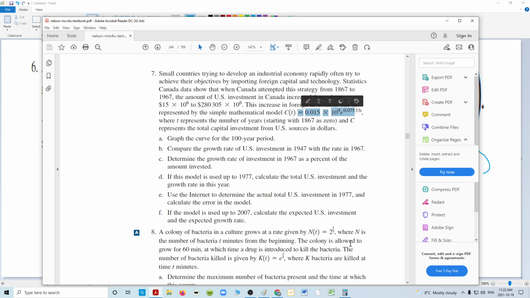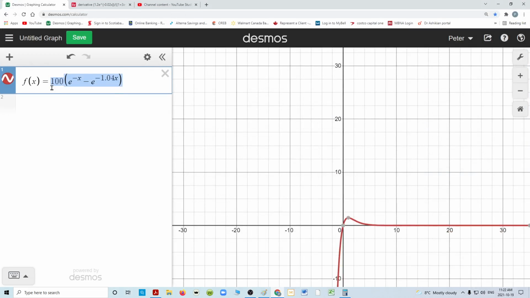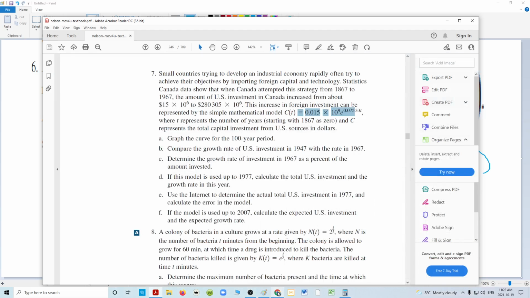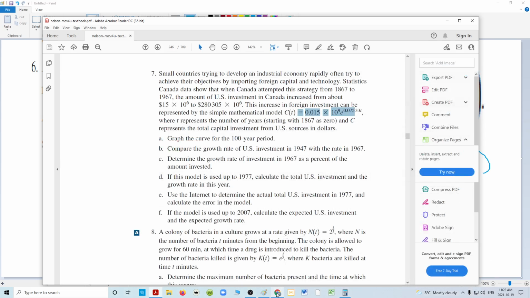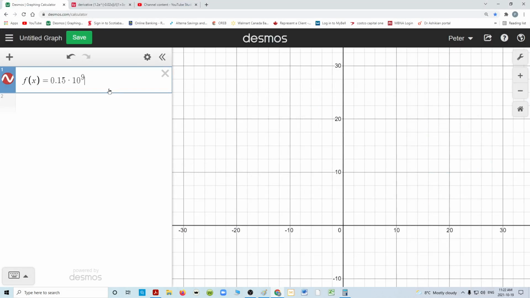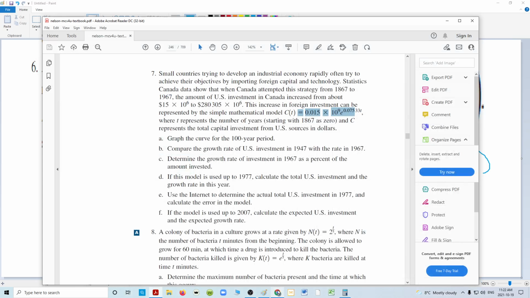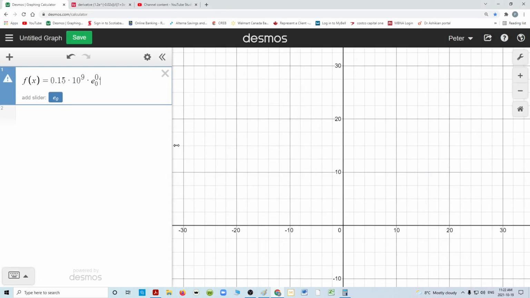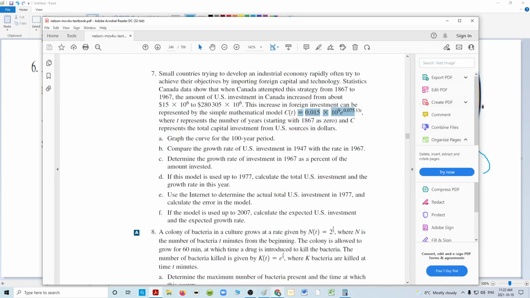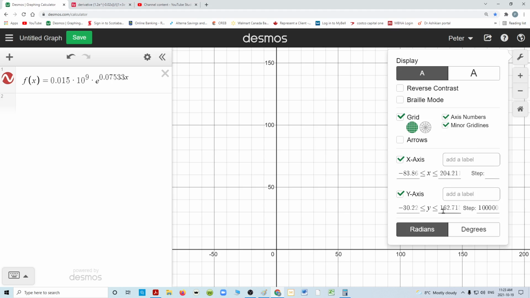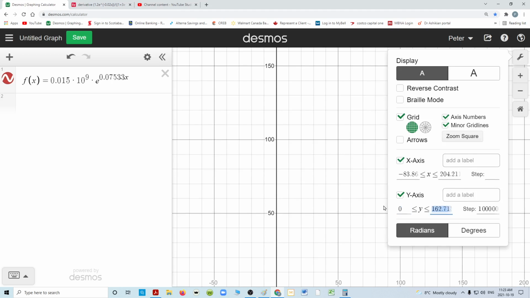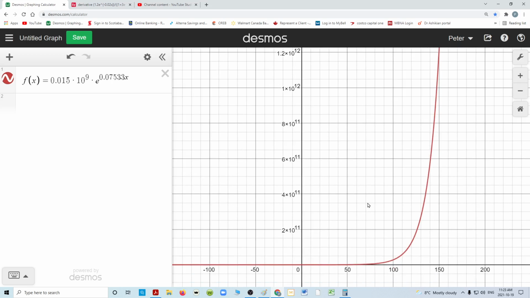And it might just be easier for me to put it in the graph, which is what I'm going to do. And there it is.